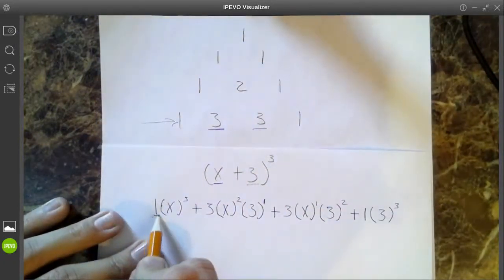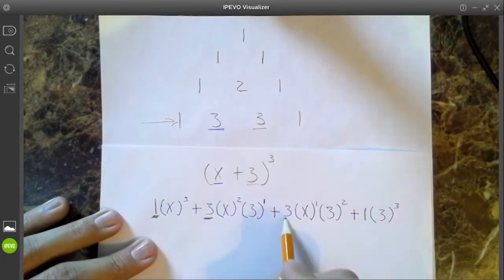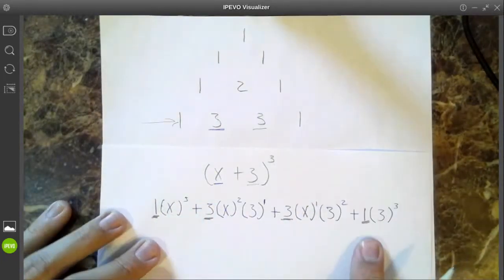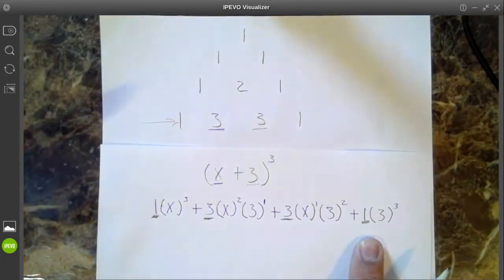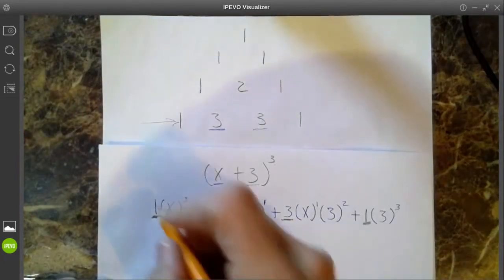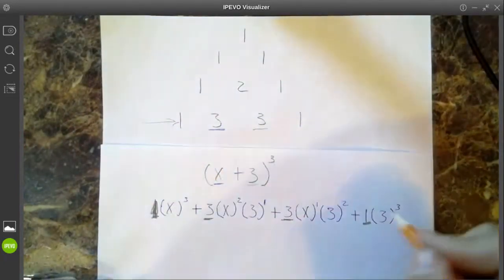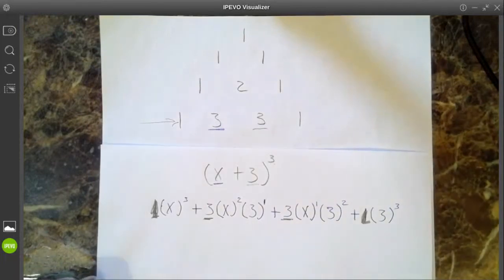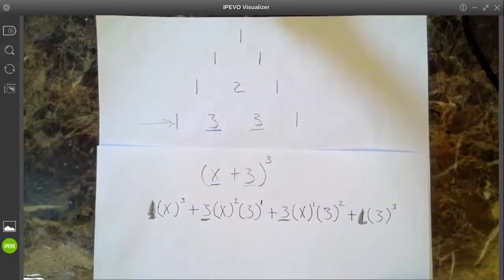So first thing to notice here is that your 1, your 3, your 3, and your 1 just come from this row. These are going to be your coefficients. And in general, you will not even be putting those ones because those are kind of a waste of space.